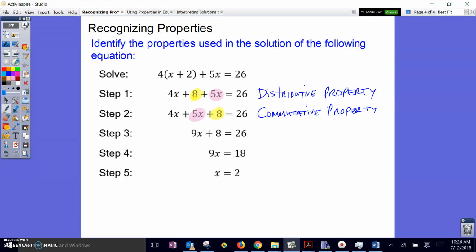And then in the next step, we add the 4x and the 5x together. And you might think that that's not any of the properties that we use, but it really is one of the properties that we have. But a lot of times when you see someone solving an equation like this, they'll justify this step by saying that it's simplification or combining like terms.